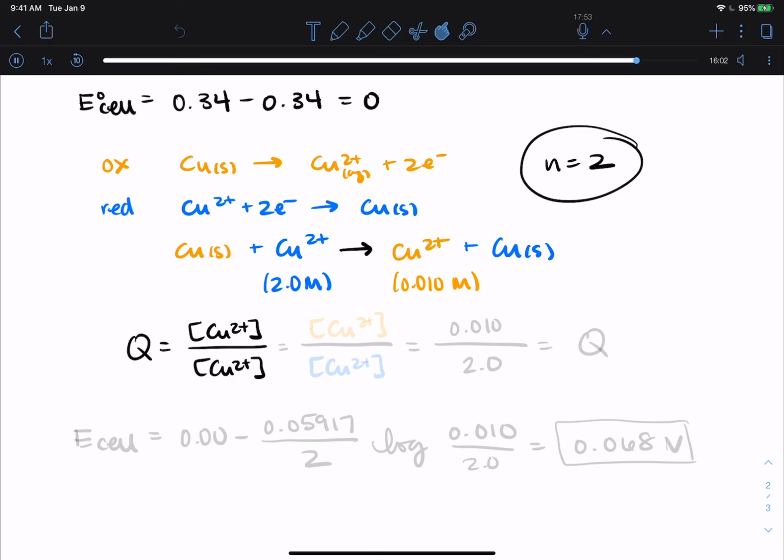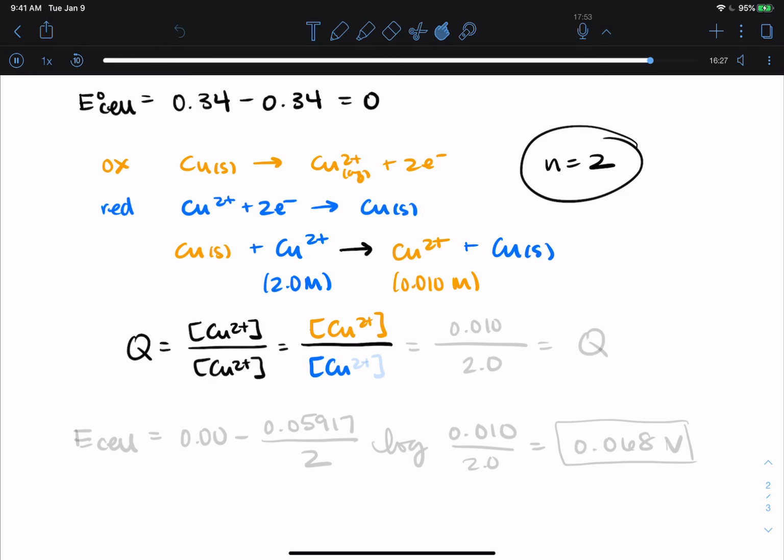So you have to be very, very sure that you know which copper 2+ is in the numerator and which is in the denominator based on which part of the cell it came from. The copper 2+ at the anode is in the top.